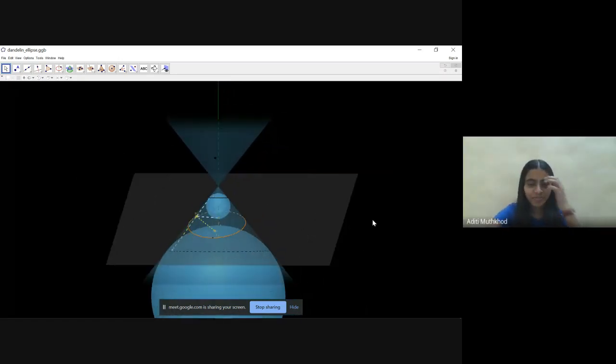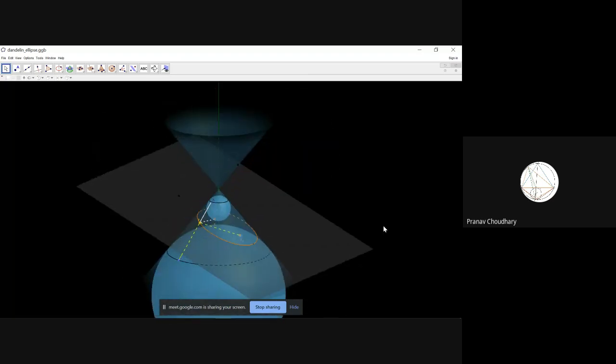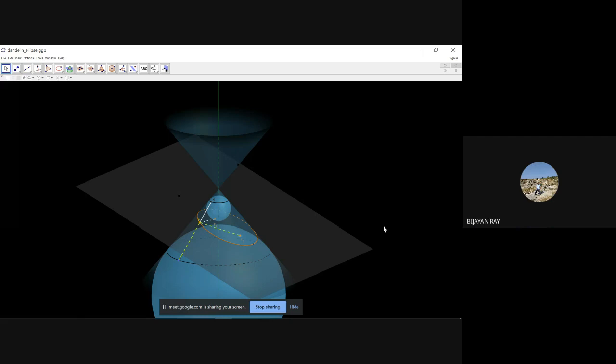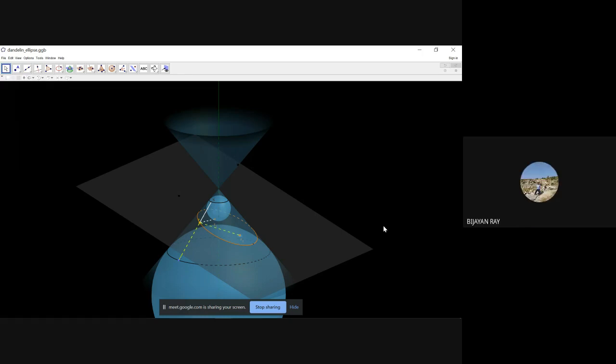I have a claim, not related to the proof, that the sum F1P plus F2P is equal to the sum of the radii of two spheres. No, it's not equal to the radii, the sum of the radii. It would be interesting. Am I audible? Yes. That dotted yellow line plus that white line, that's the sum.